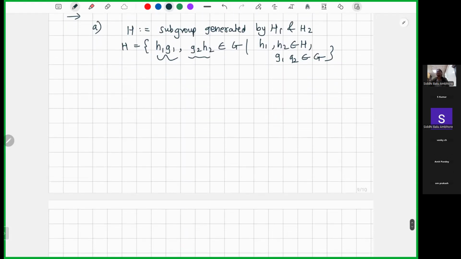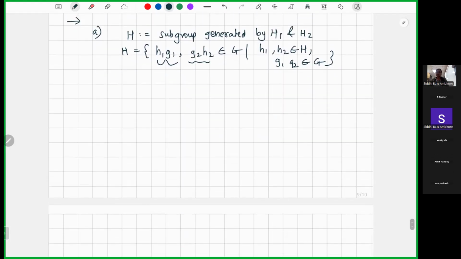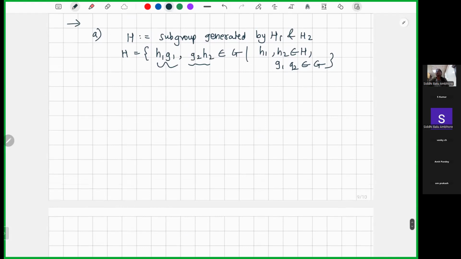So do you have any example in mind, or is this statement true, that if I have H1 and H2 cyclic, then the subgroup generated by all their possible products is always cyclic? Do you have any example? Or is this statement true? If true, then how to prove this?